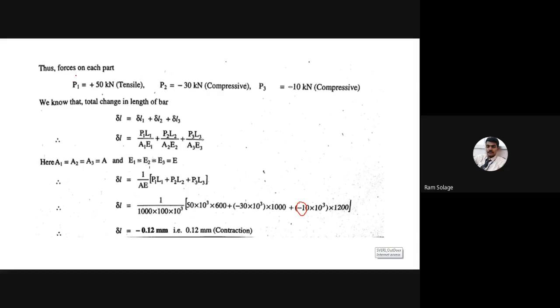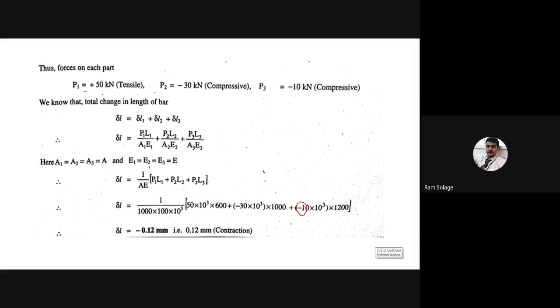Write down forces on each part. P1 is equal to plus 50 kilonewton tensile.